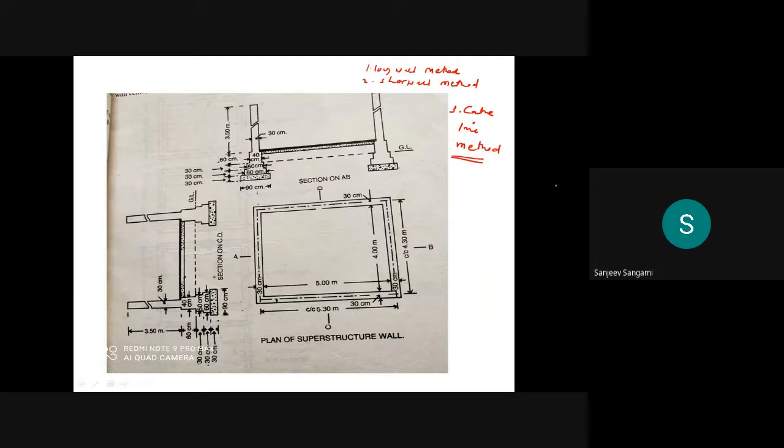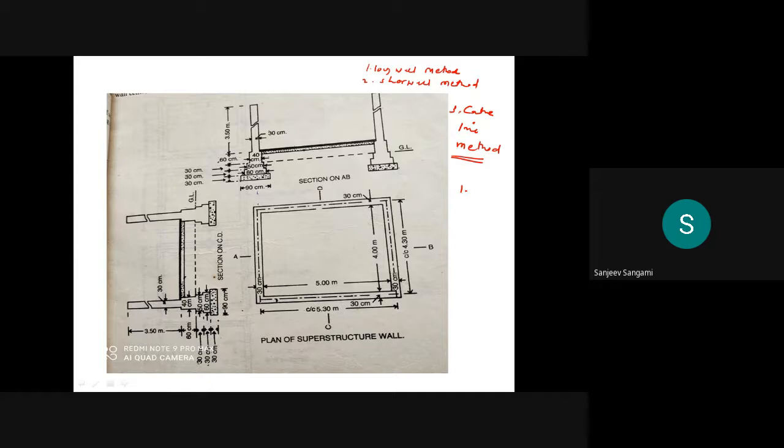So the first thing required, before applying this long wall method, short wall method, is this. I'm not explaining all these methods because you already learned them in your 7th or 8th semester.